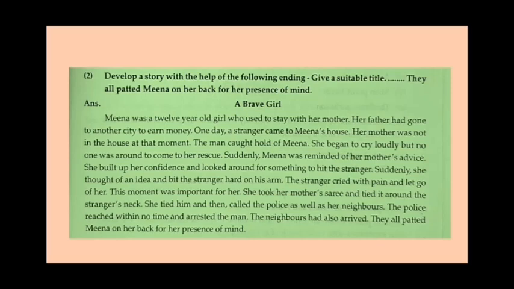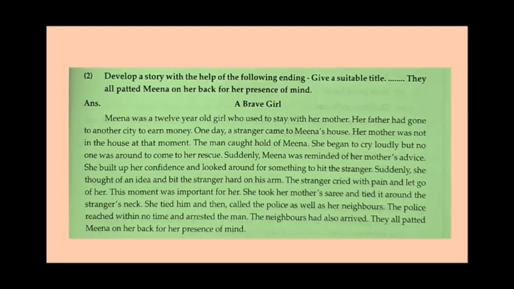So children, for y'all, story writing or developing a story will be such that the starting few lines of the story, or the ending few lines of the story will be given. You have to either continue the first line or end with the last line. So here we have an ending line, okay? That is, they all patted Meena on her back for her presence of mind.